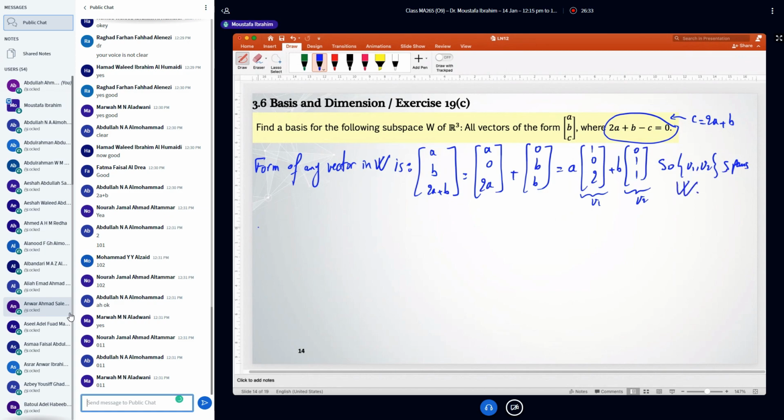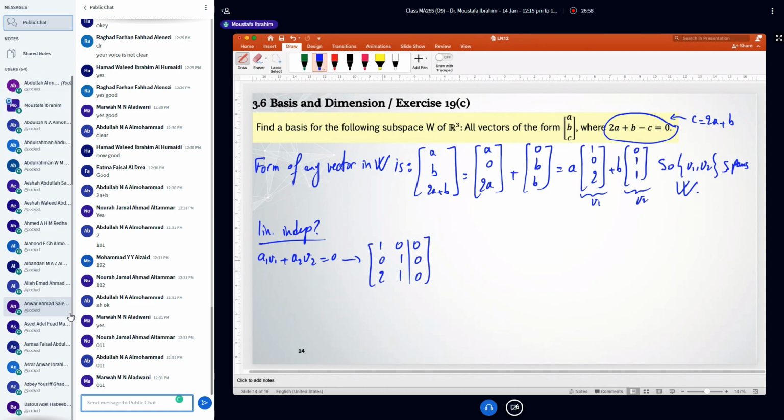Now let's check linear independence. a1 v1 plus a2 v2 equals 0. So the augmented matrix is 1, 0, 2 and 0, 1, 1, and here all zeros.